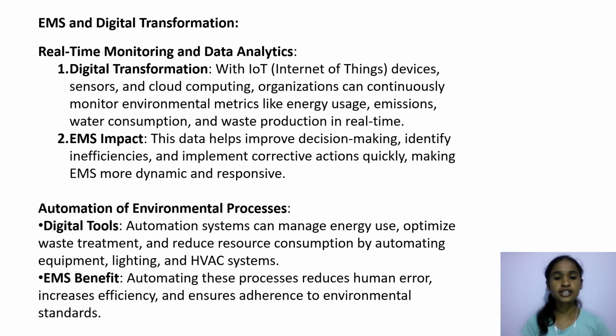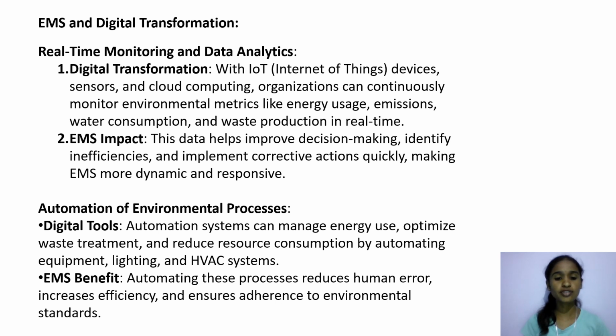EMS and digital transformation. In real-time monitoring and data analytics, with digital transformation using IoT devices, sensors and cloud computing, organizations can continuously monitor metrics like energy usage, emissions, water consumption and waste production in real time. EMS impact: this data helps improve decision making, identify inefficiencies, and implement corrective actions quickly, making EMS more dynamic and responsive.